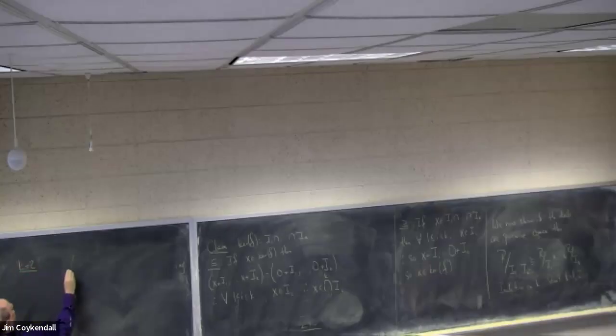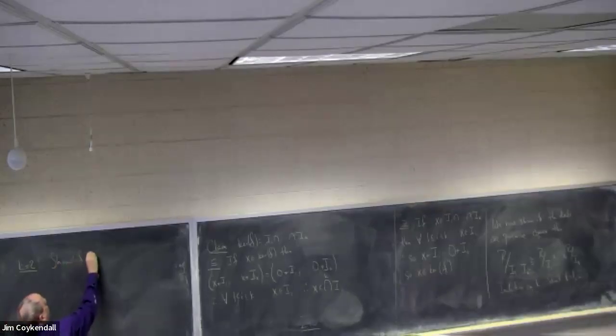So for convenience of notation, we show: if I plus J is equal to R, that is, I and J are comaximal, then R mod IJ is isomorphic to R mod I times R mod J. And like I said, this is the heavy lifting case.